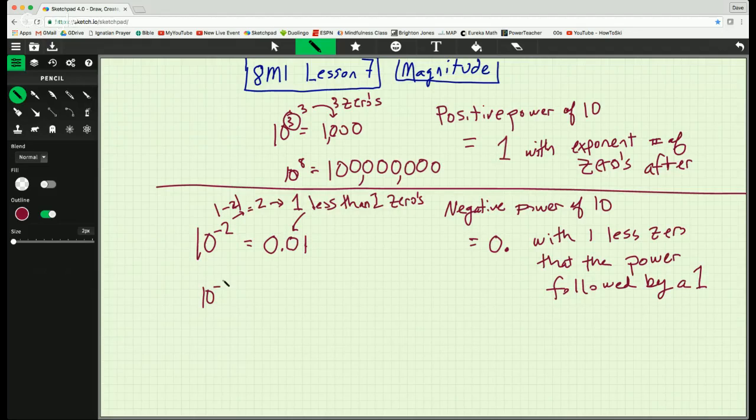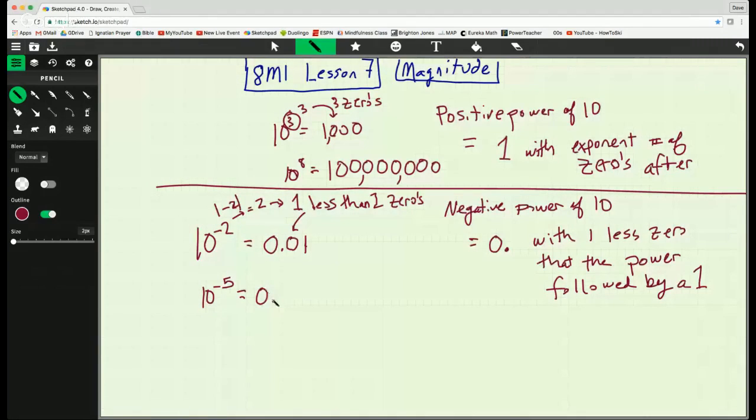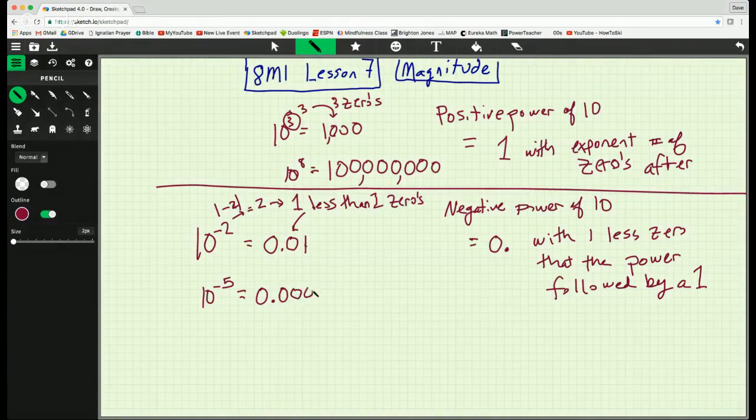So 10 to the negative 5 would equal 0 point, and now I need 4 zeros: 1, 2, 3, 4, and a 1. And 10 to the negative 10 would equal 0 point, and then I need 9 zeros: 1, 2, 3, 4, 5, 6, 7, 8, 9, and a 1.